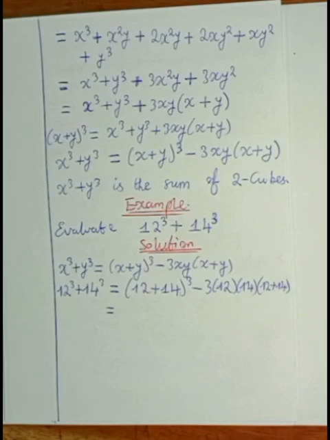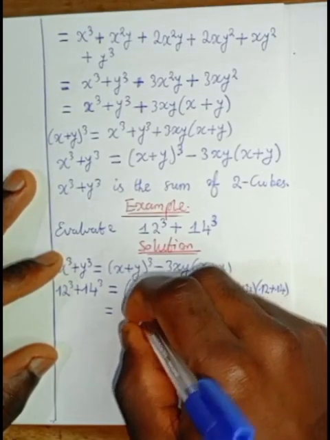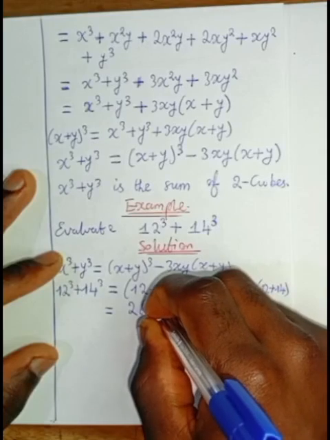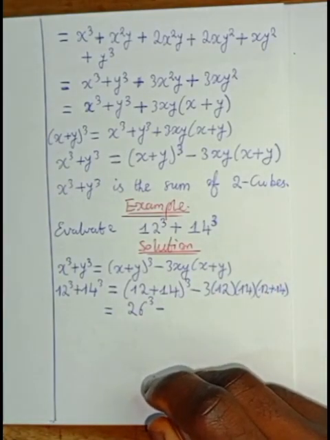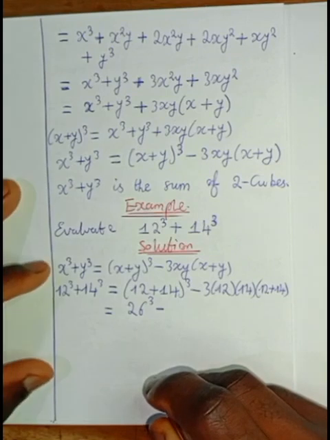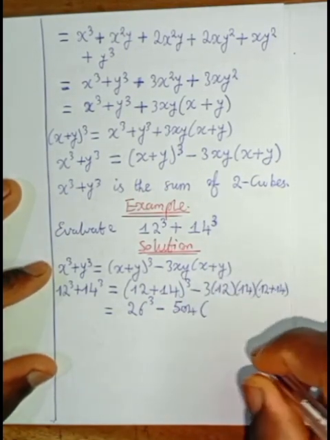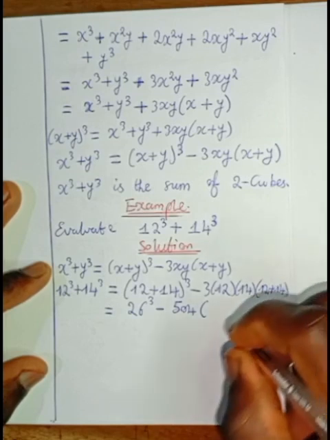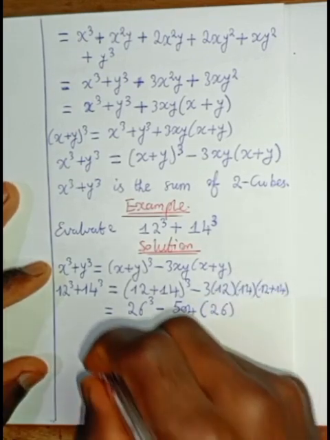This will simply be equal to 12 plus 14 gives us 26 cubed, minus the next, we take 3 times 12 gives us 36. 36 times 14 gives us 504 times 12 plus 14, which is 26.